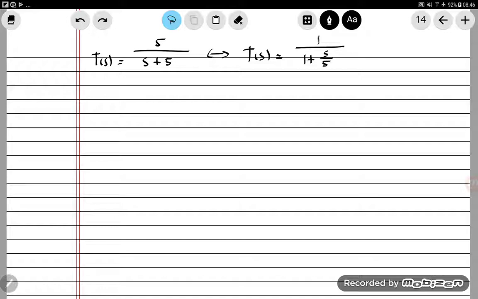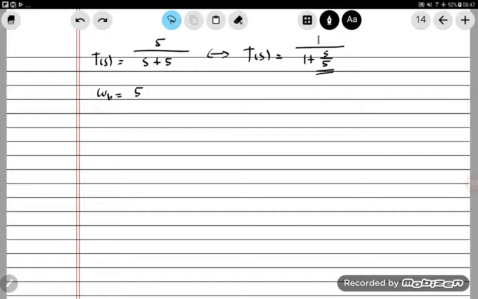Okay, so we don't have to do the maths because we know how the Bode plot looks for this type of transfer function. The only thing that we have to write down is the break frequency, which is equal to 5, so omega b is equal to 5.